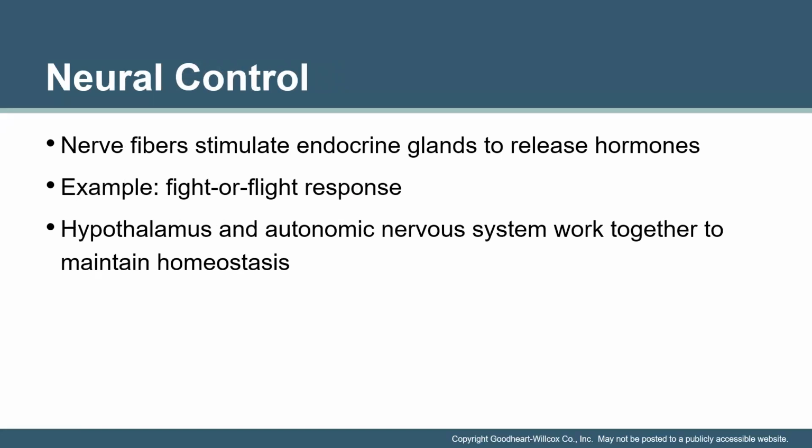When we have neural control of hormone release or secretion, these are nerve fibers that will stimulate endocrine glands. This is the least common mechanism, but this is what I was talking about in regards to your fight or flight response.